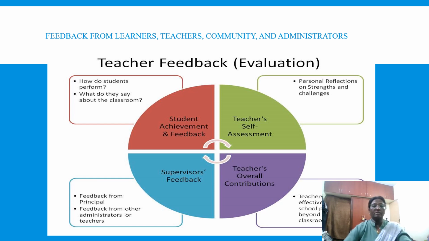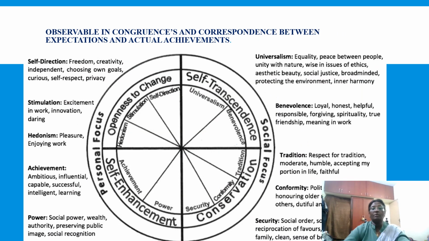And supervisors' feedback, feedback from the principal, feedback from other administrators, how the teachers are behaving, such kind of things. Students' achievement and feedback: how students perform, and what they say about the classroom and how they behave with others. Such kind of things we will receive through feedback.